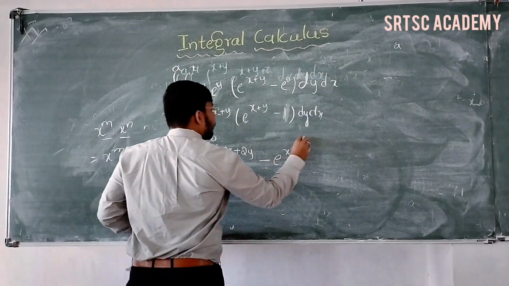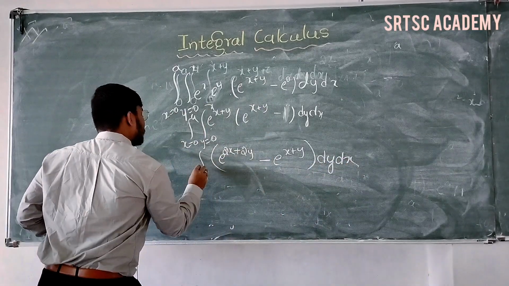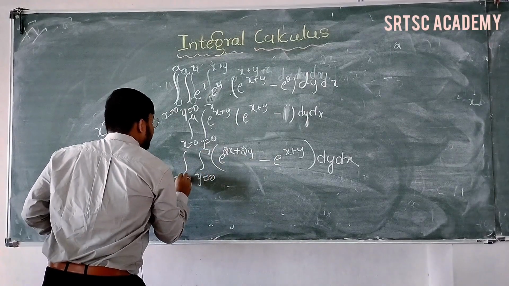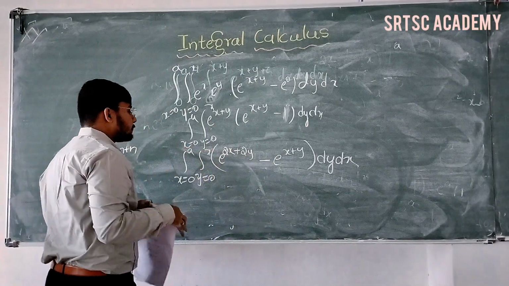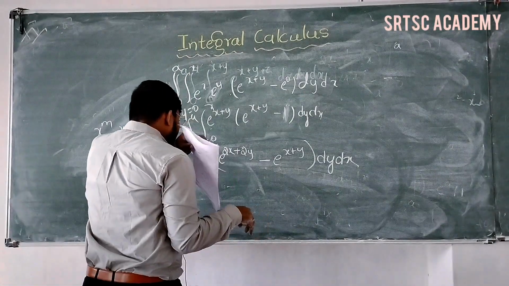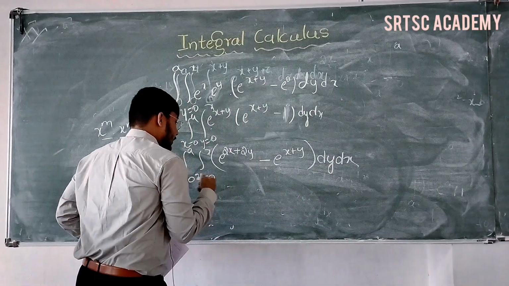Okay. After what we have to do, integrate it with respect to y and x. Limit y varies from 0 to x, x varies from 0 to a. See, while doing integration with respect to x, we have to split it again.